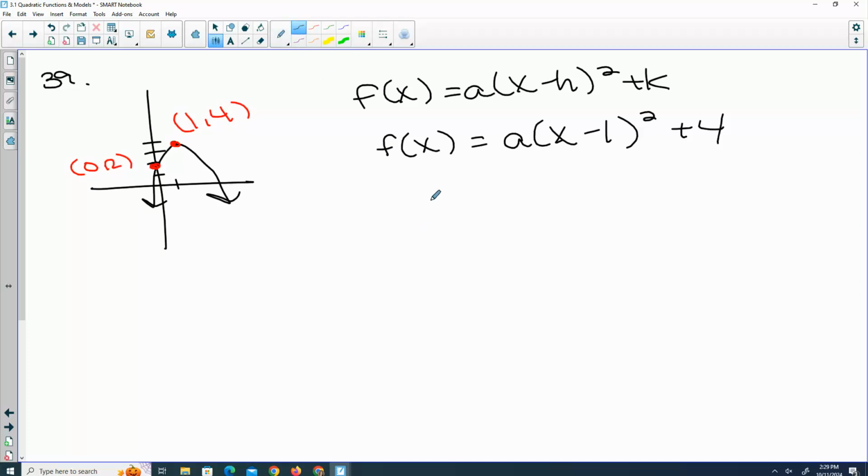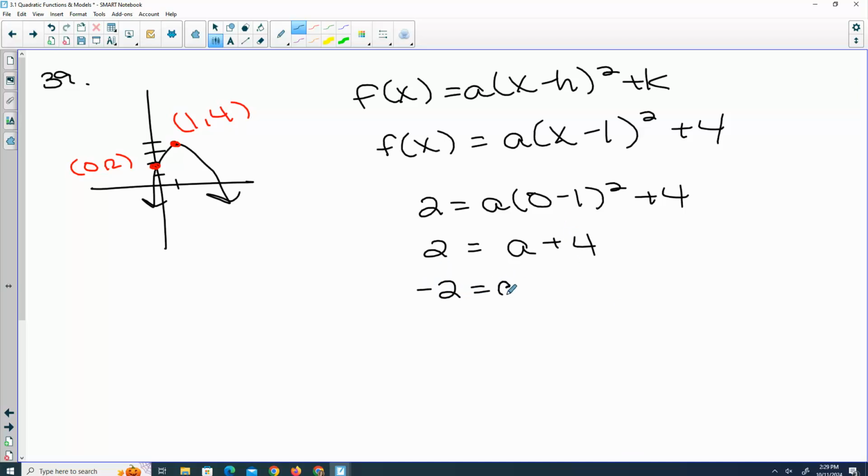So f of x, that's the y, so that was 2, equals a times (0 minus 1) squared plus 4. 0 minus 1 is -1. -1 squared is 1. 1 times a. Subtract over the 4, and a is -2. Does it make sense that a would be negative here? Why? Because it opens down.